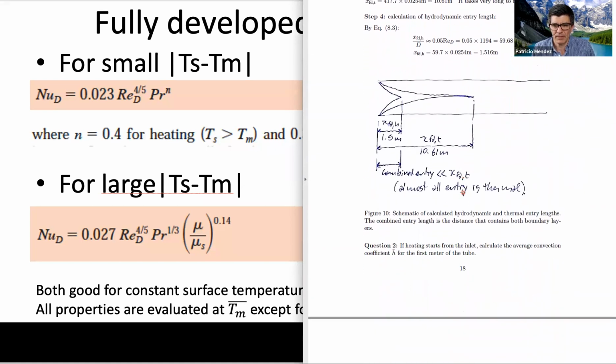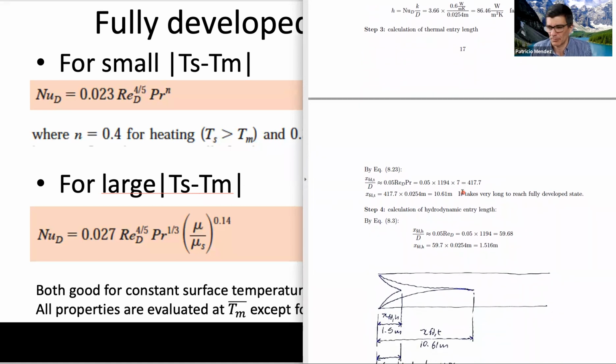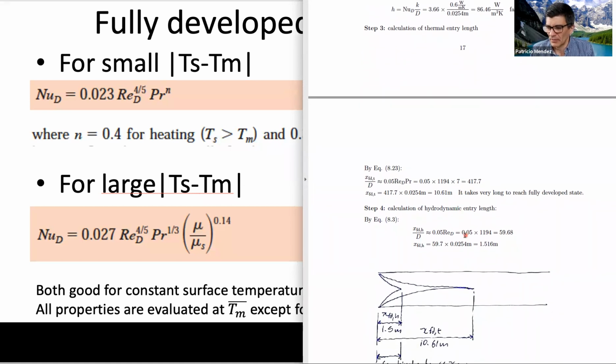If the pipe is less than 10 meters, we don't have a fully developed thermal regime. Okay, it's just 1:51, so we're going to stop here and wrap up internal flows on Friday.